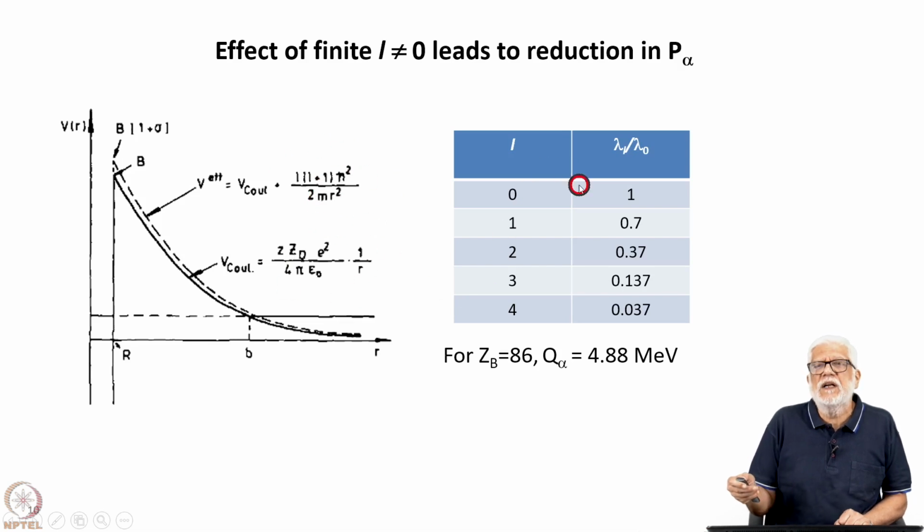And so you can see that the decay constant, if you normalize it to 1 for S wave, L equal to 0, then it becomes 0.7 for L equal to 1, but as small as 0.037 for L equal to 4, and this is for a nucleus around A equal to 85 and Q alpha around 5 MeV.